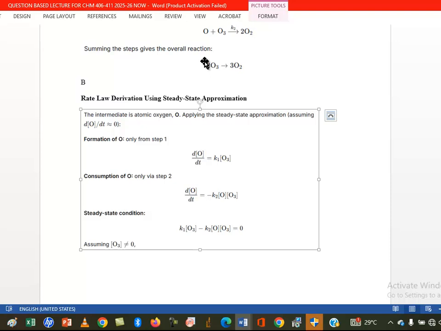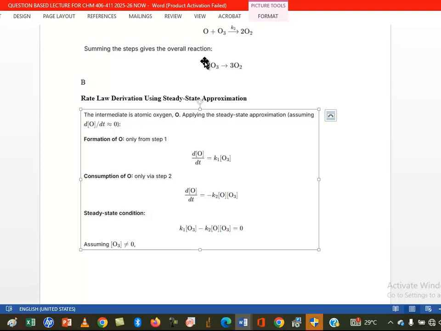So you can simply factor out O3. When you factor out O3, you move it to the other side, everything becomes 0. So what you are left with is K1 minus K2[O] equals 0, and from that you get K1 equals K2[O], and then K1 over K2 is equal to [O].